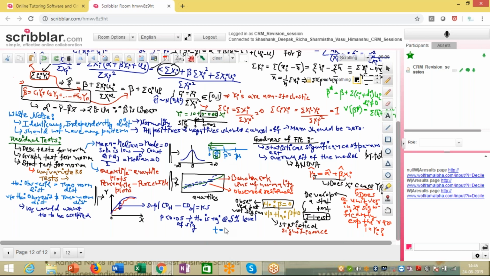The basic concept of the t-test here is, now we know how to define the t-stat. The t-stat is beta hat minus the expected value of beta hat, divided by the standard error of beta hat. In the t-test, we were trying to understand whether there is a statistically significant difference between an estimator and a parameter.